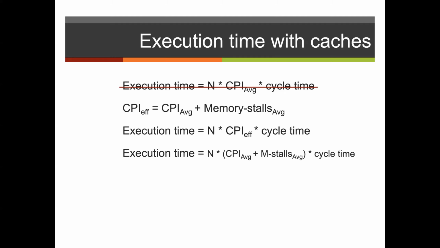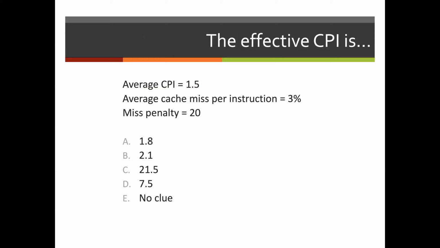The memory stalls average is going to equal misses per instruction average times miss penalty average. The total memory stalls are going to equal n times the memory stalls average. And so I'm going to compute the effective CPI the following way.